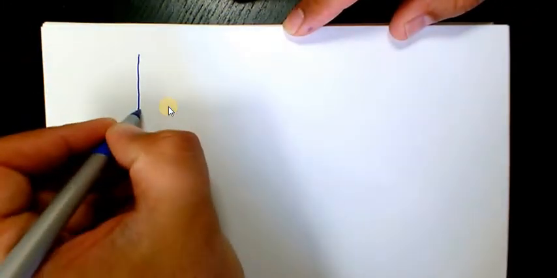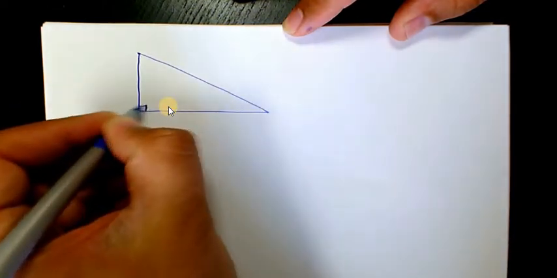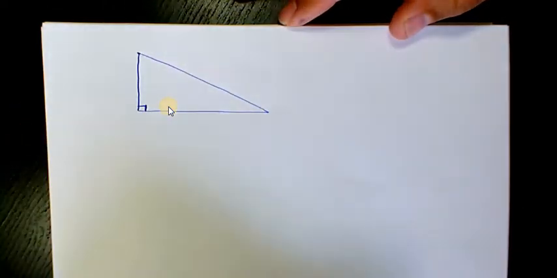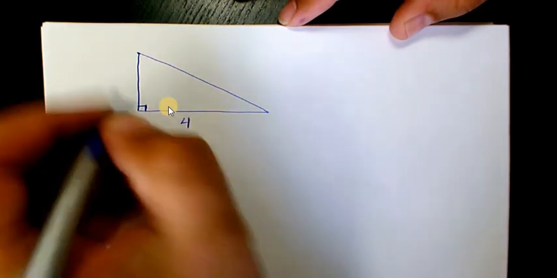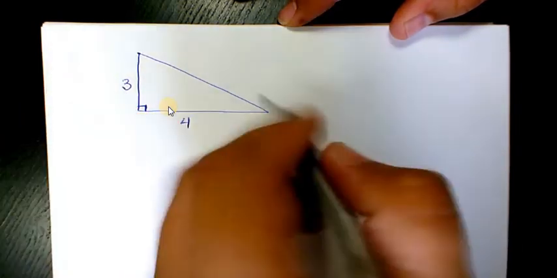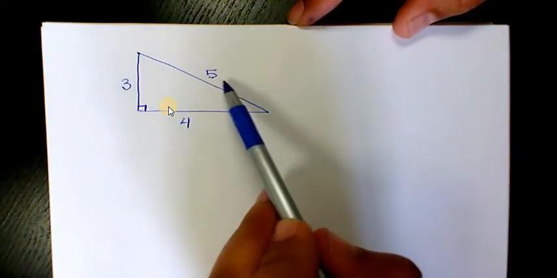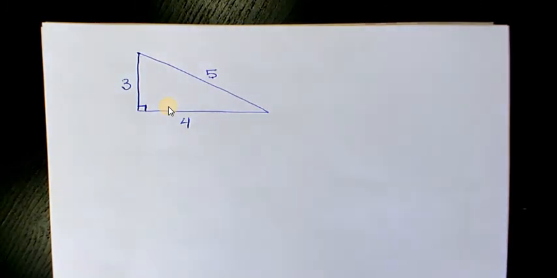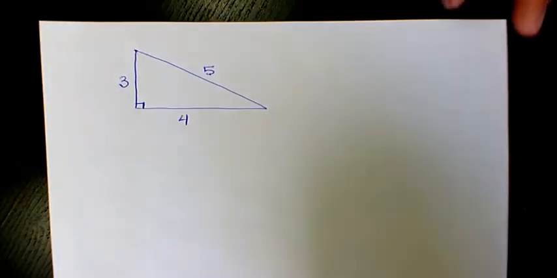First example, I have this right triangle. This one is 4, this one is 3, and this one is 5. Even if we don't have this one, we can use the Pythagorean theorem in order to calculate the length.